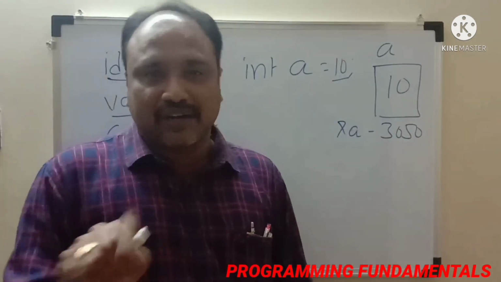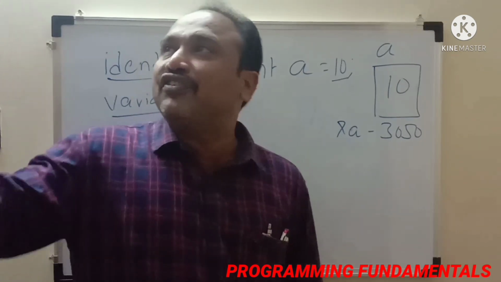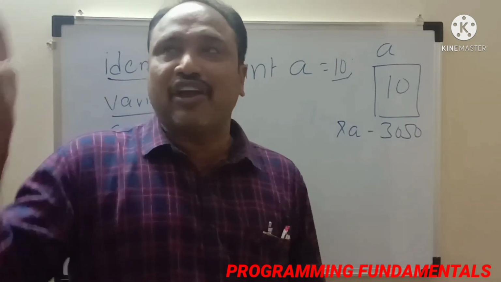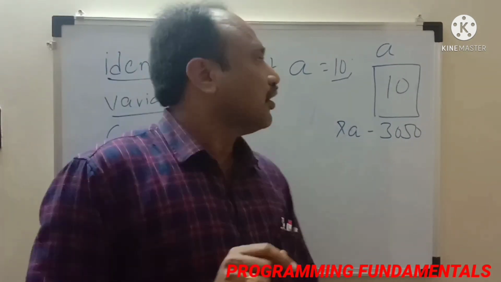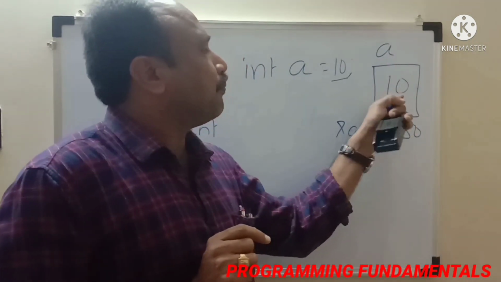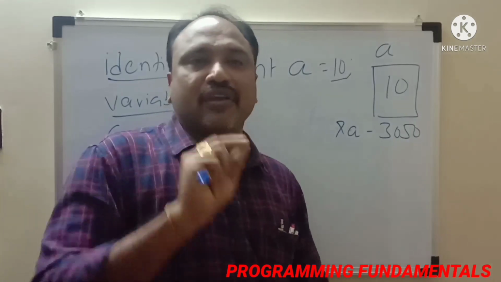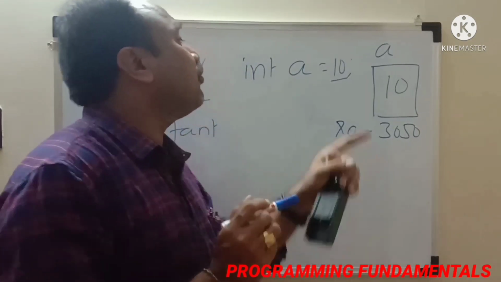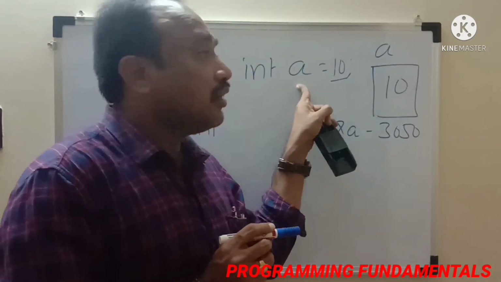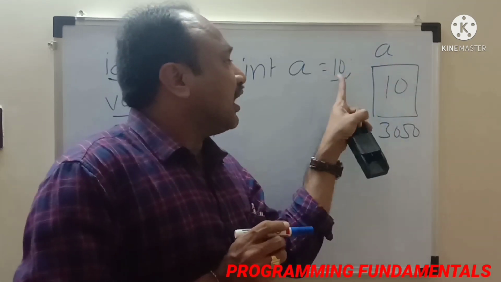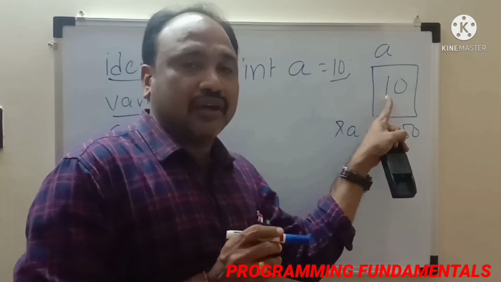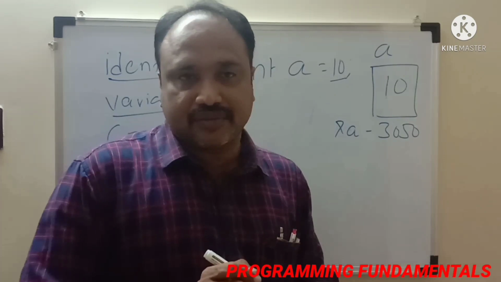Your house has some address. This house is so-and-so person's house, Mahesh Babu's house, Venkatesh's house. The people living in this house are the data. It has some address. In the same way, when you use a variable name, this is the variable name. The data I am storing under the variable name is 10. It will occupy some address.